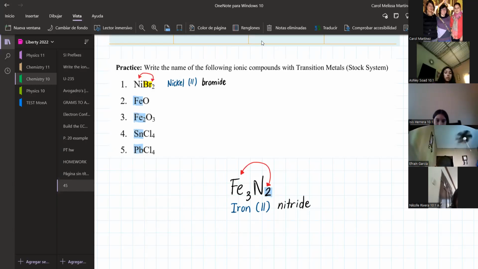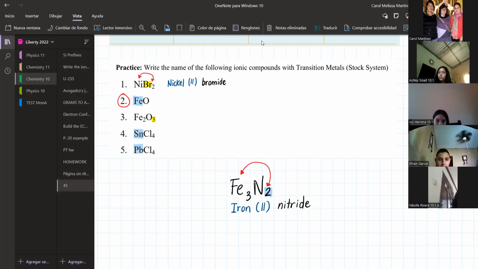Now I'm gonna do this after, okay? The number 2 is gonna be the last one that I will do of all these exercises. Now I will focus on the number 3. To know which iron is this, I know that iron is a transition metal. So I will notice the subscript of my anion.